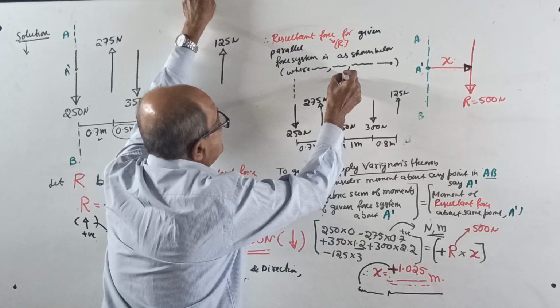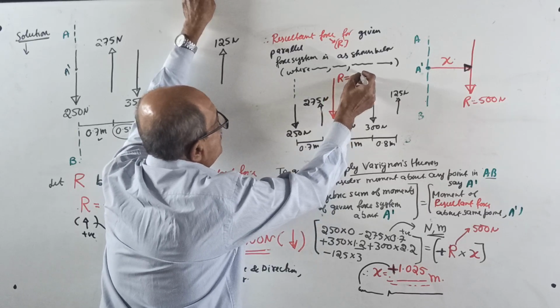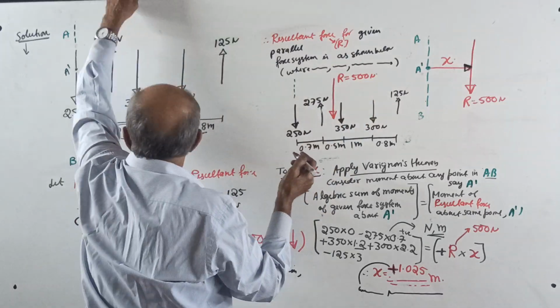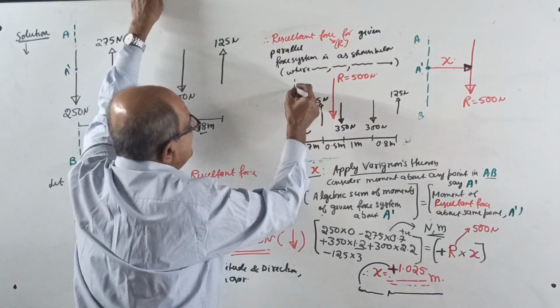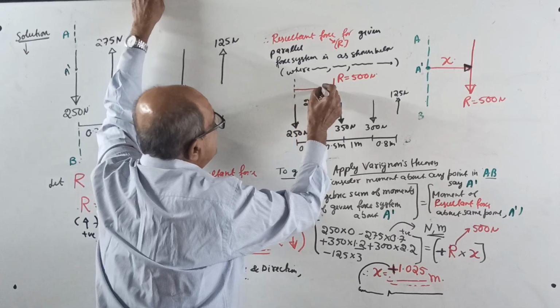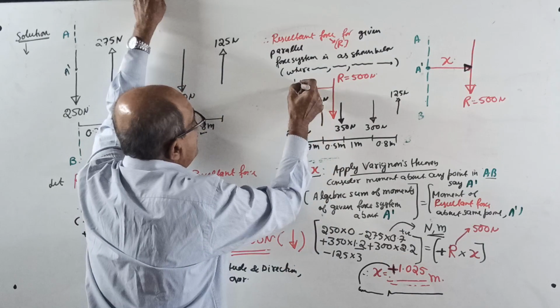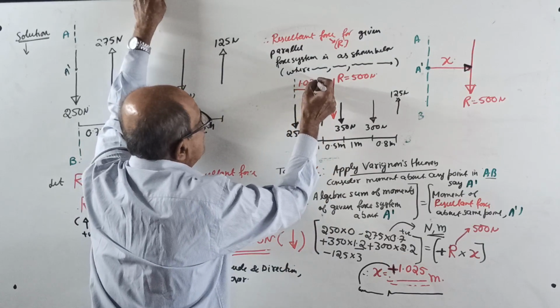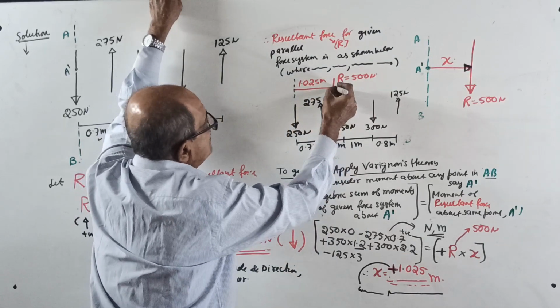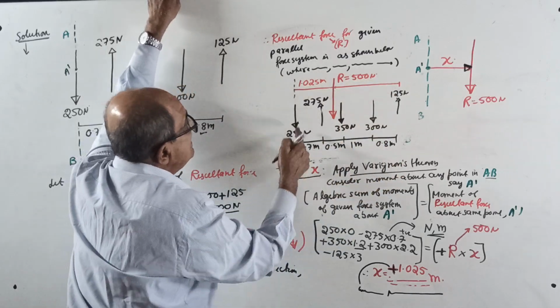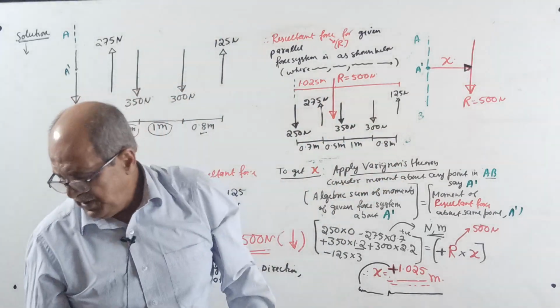This is the resultant force equal to 500 Newton. A big sketch is required, but space is a problem, okay, leave it. You write bigger. From here to here it is 1.025 meter. If you want the other distance, from total 3, subtract that 1.025.